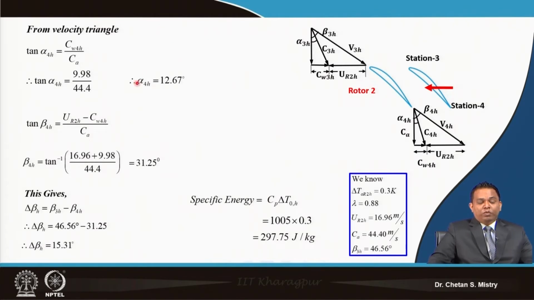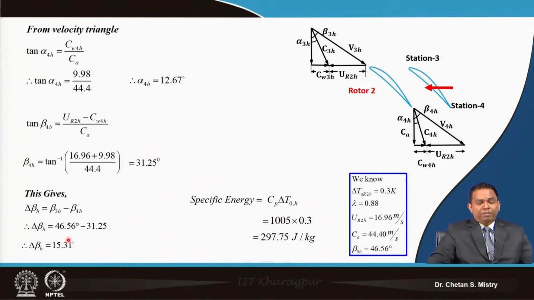Now, if this is known to us, we can calculate my alpha 4. My alpha 4 is coming 12.67 near the hub region. If you recall, at the mid station it was also coming around 11 degree, and we can do our calculation for beta 4. Now for a rotor, we are always interested in delta beta.